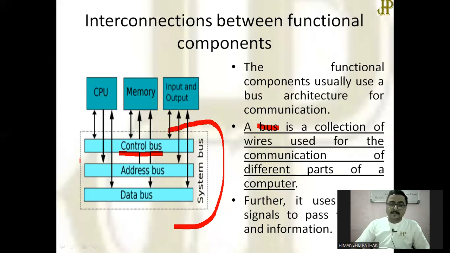Next one is address. This is related to memory unit, from where the operation is to be executed, from where the data is to be fetched, and where you want to store that data. All the instruction related to memory is carried out by address bus. And last one is data.